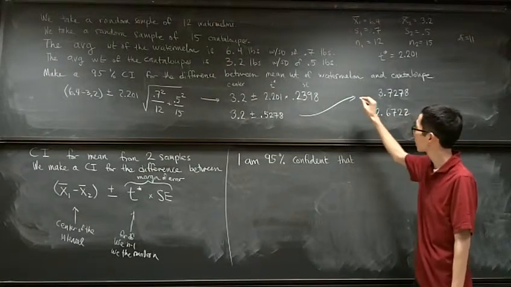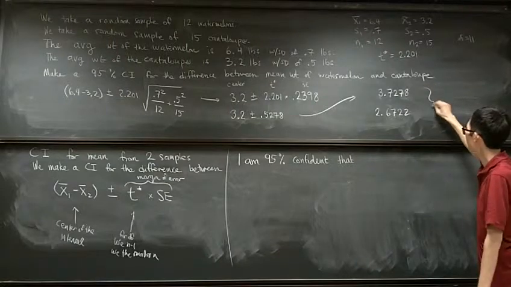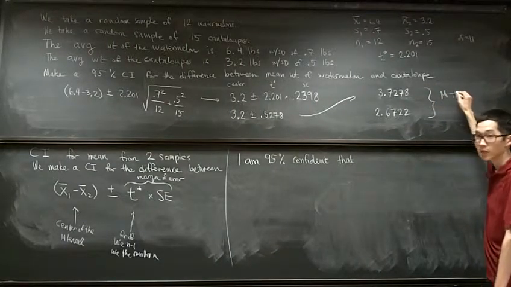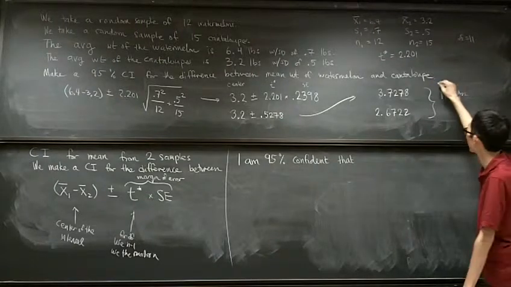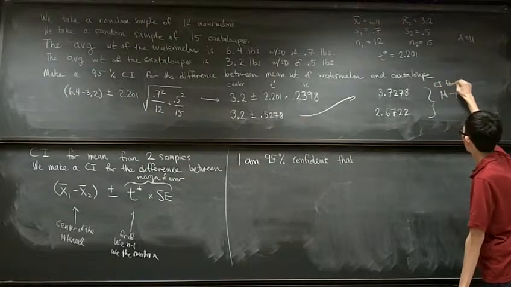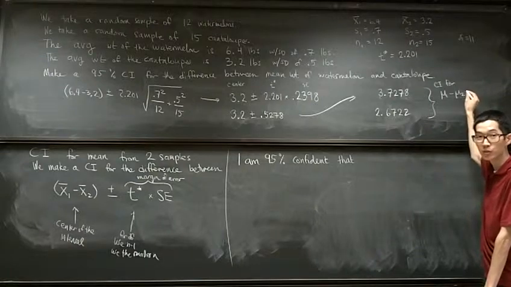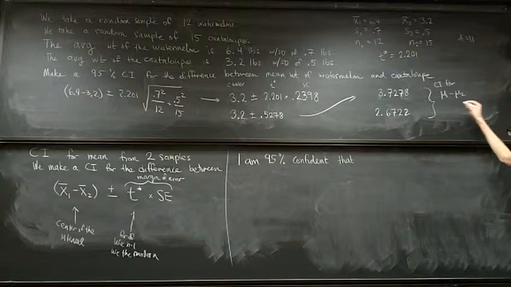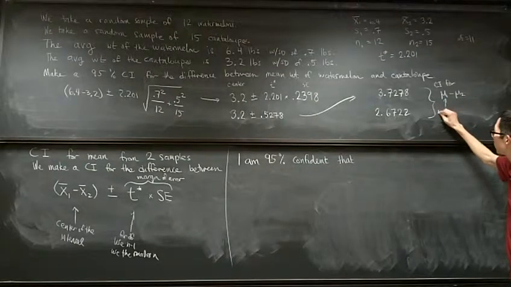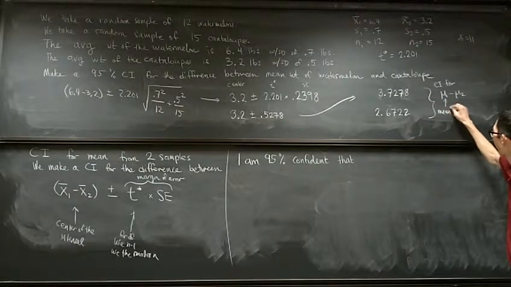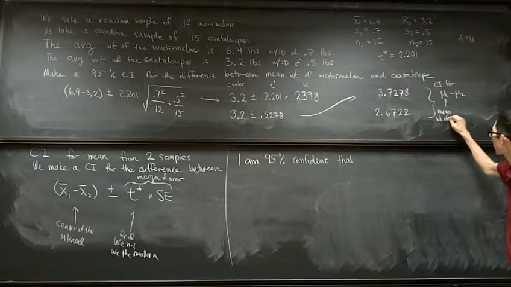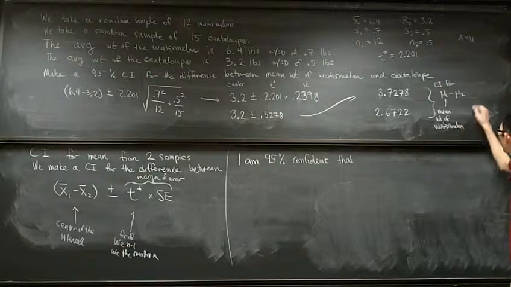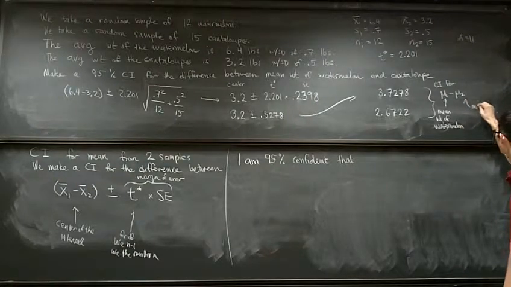that, okay, so this represents mu1 minus mu2. We're making a confidence interval. This is the confidence interval for mu1 minus mu2. Mu1 is the mean weight of watermelon, and this is the mean weight of cantaloupe.